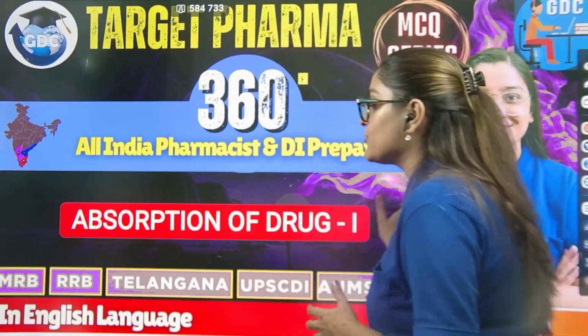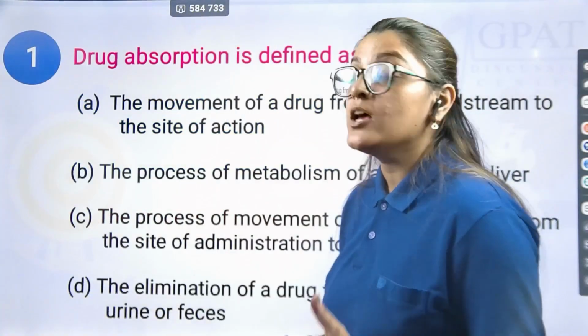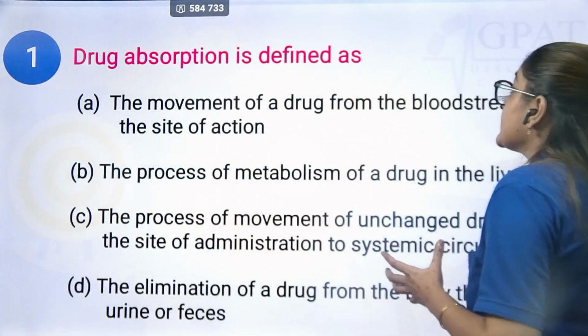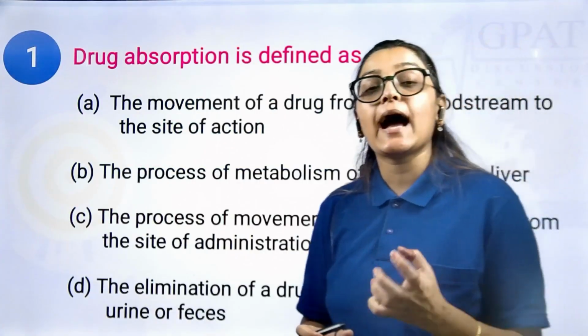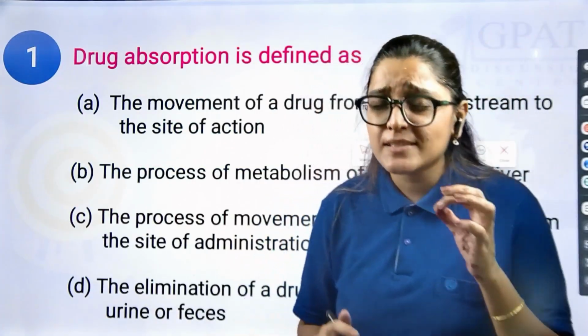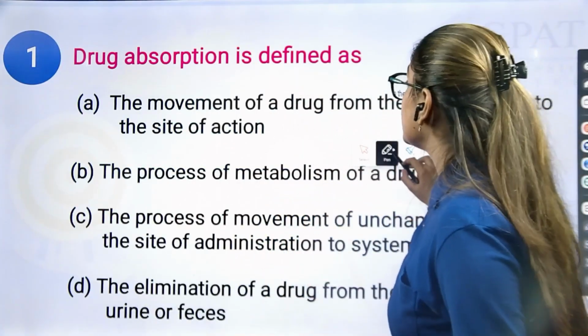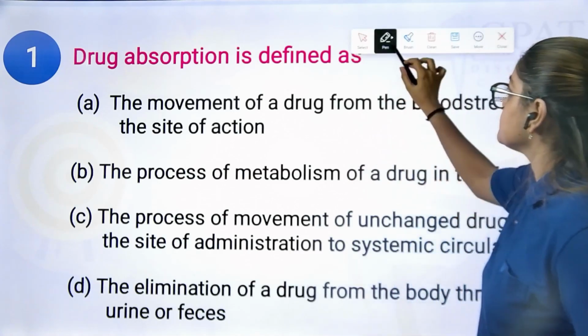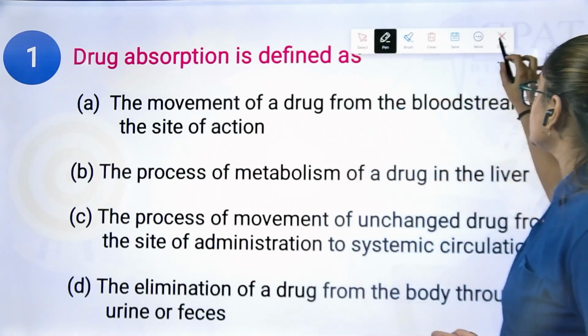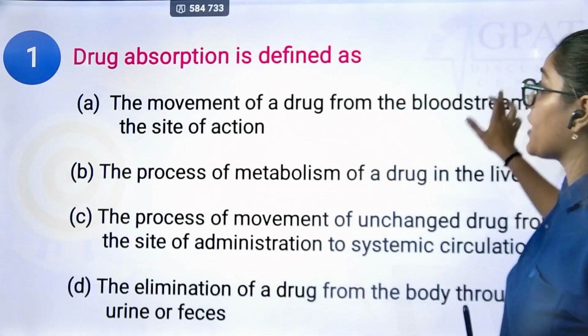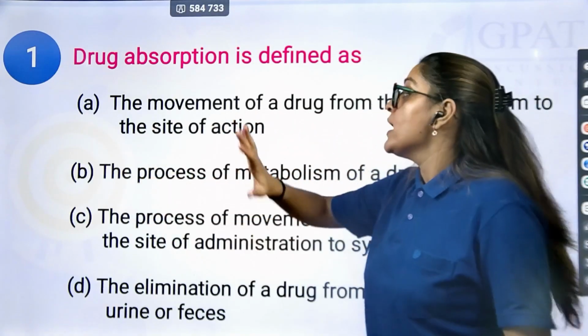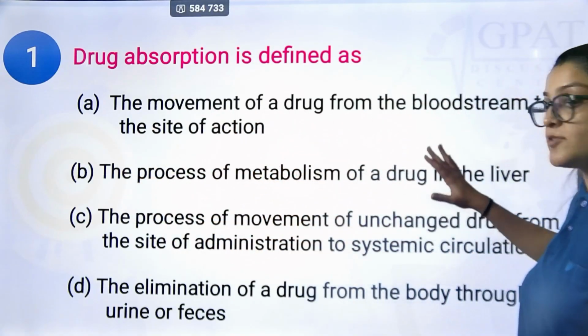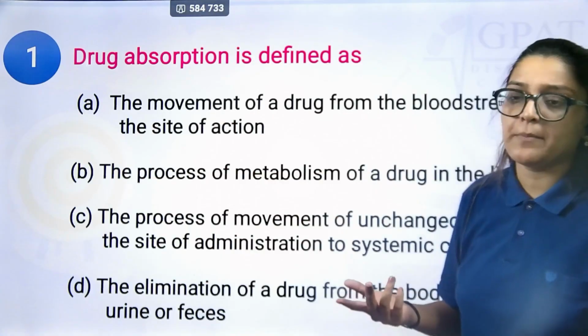So let's start with our first question of the day. The question says, drug absorption is defined as what? This is a very simple question. Is it the movement of drug from the bloodstream to the site of action? No. The process of metabolism of the drug in the liver, that itself will be metabolism.